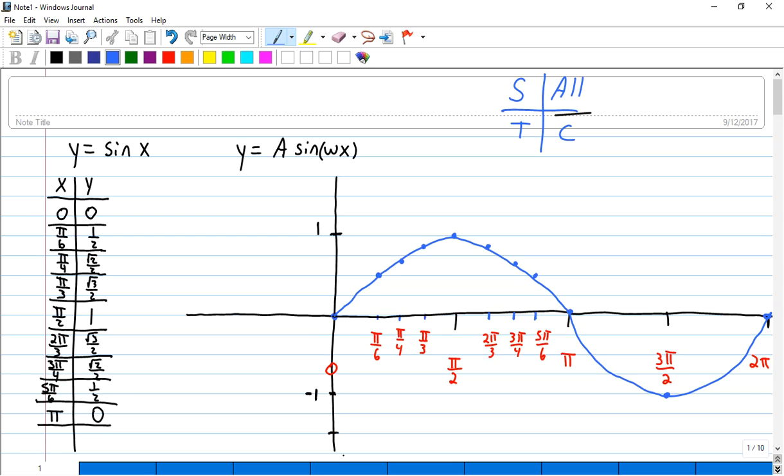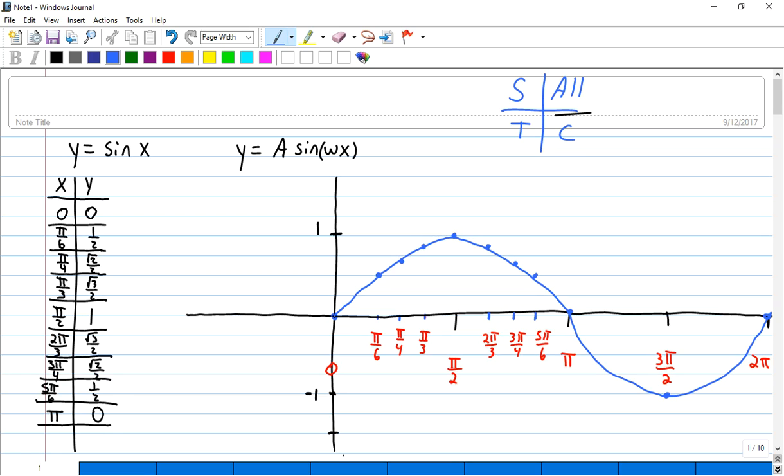If you think back to when we went over domain and range, I told you that the range for sine was between -1 and 1 inclusive, meaning it includes those endpoints. Okay? And so remember graphically what the range is. The range is the y values. So every point is between -1 and 1 because the range of sine is from -1 to 1 inclusive.